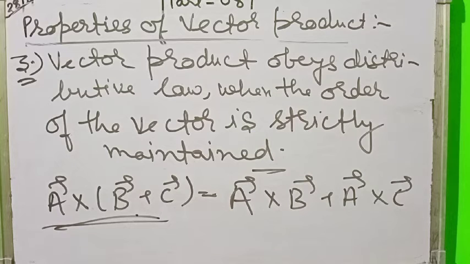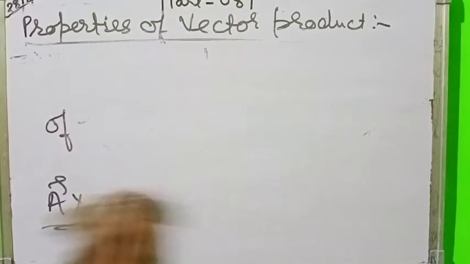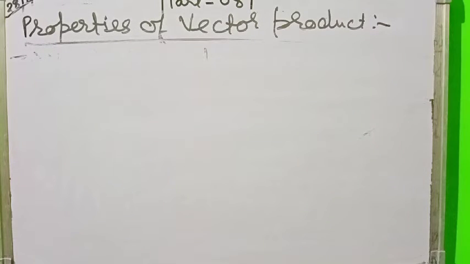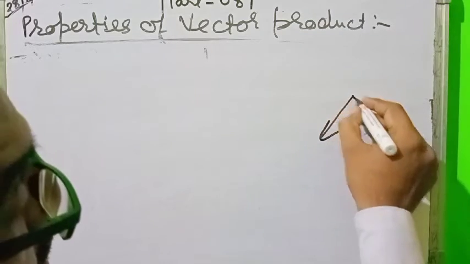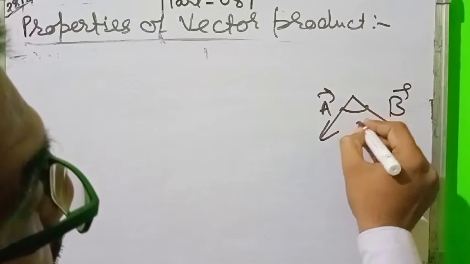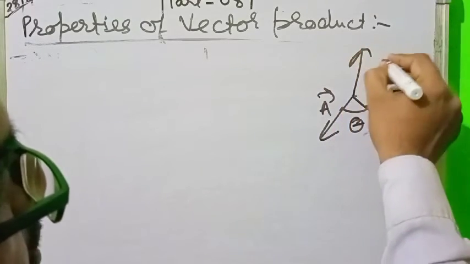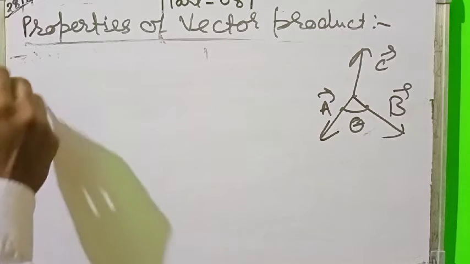Now we will find the angle between the vectors. Suppose this is vector A, this is vector B, both inclined at an angle theta, and this is the perpendicular, the cross product of these vectors.